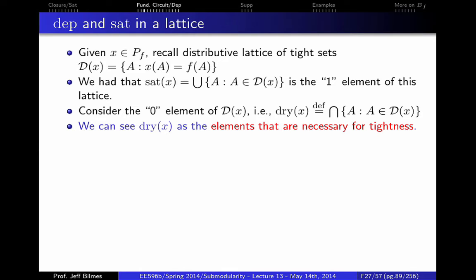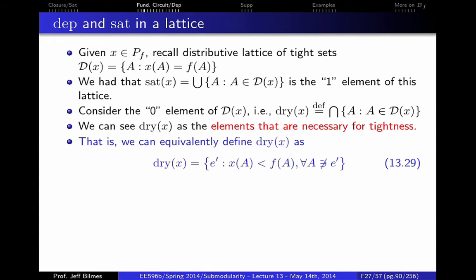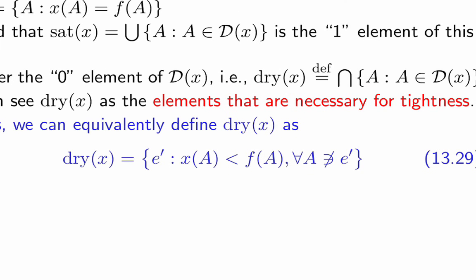But there are instances, as we will see when we look at some of the examples in 2 and 3D, where dry is not the empty set, which basically says that if you don't contain this element, you're not a tight set. I think of it as the necessary for tightness set. And so we can define dry in this interesting way: dry is equal to all E prime such that if you're a set that doesn't have E prime in it, you're not tight.